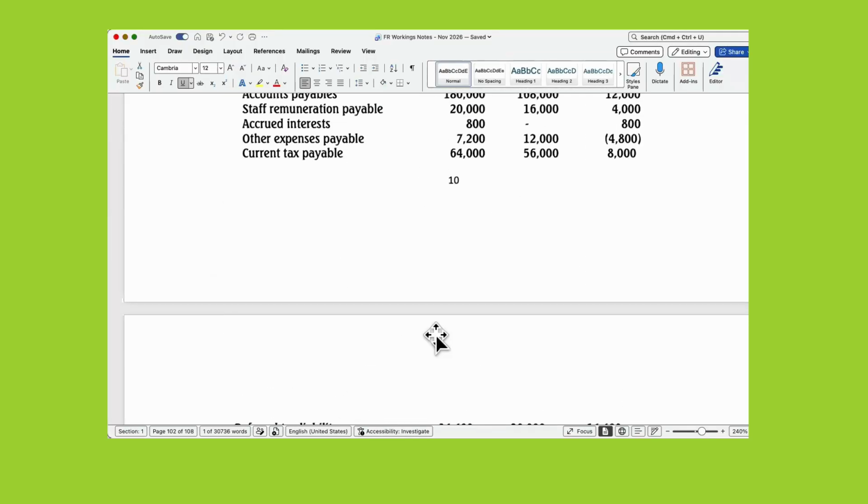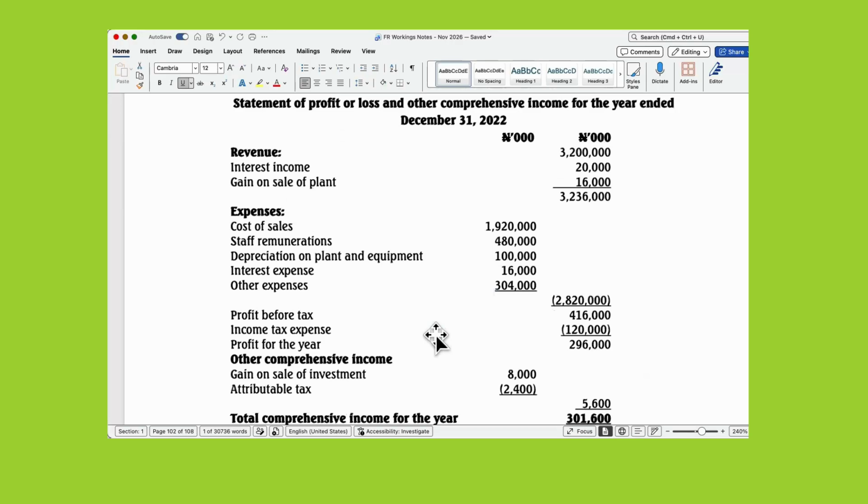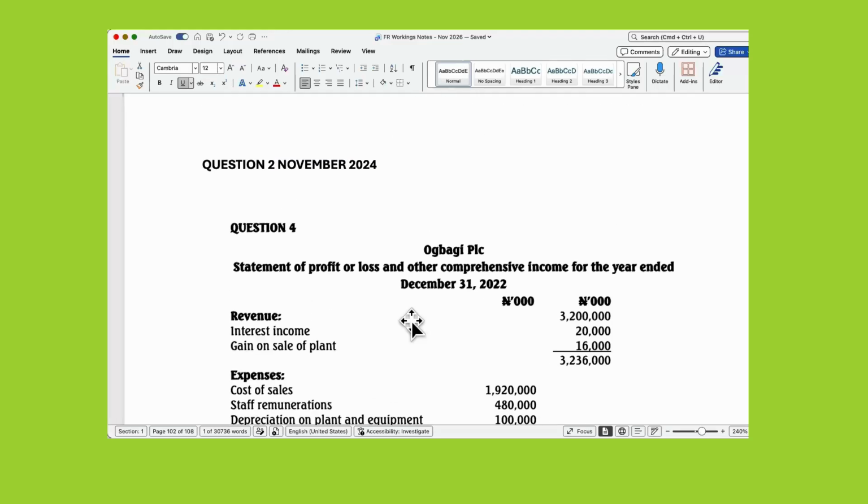Ideally, in a question like this, for exams, I always prioritize theoretical questions. After I've exhausted that, a question like this, you can get 20 over 20 if you follow the approach I told you.